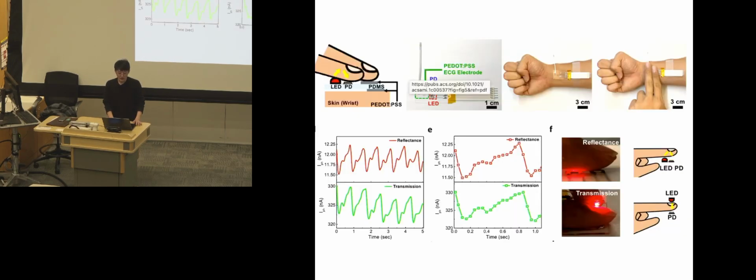You can also attach active components, for example an additional light source. This is essentially a PPG sensor that gives you pulse information.